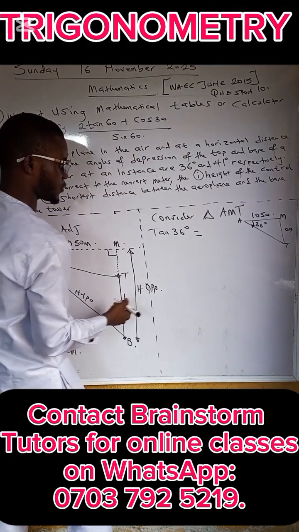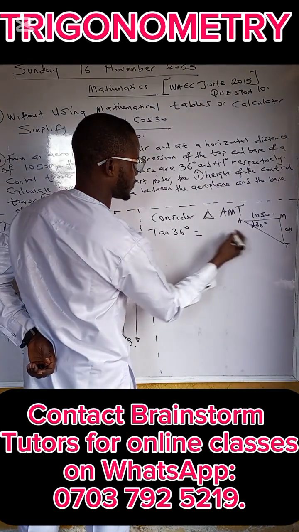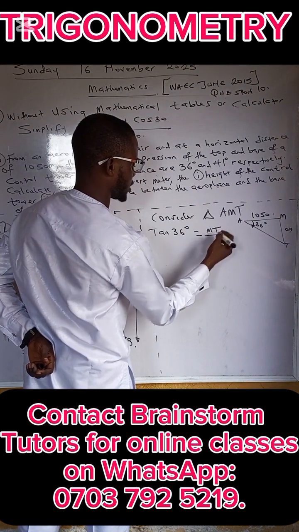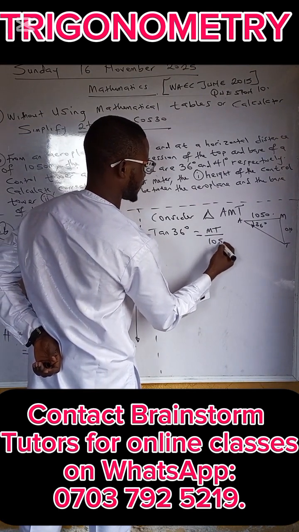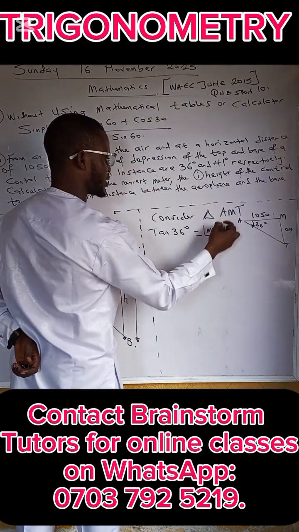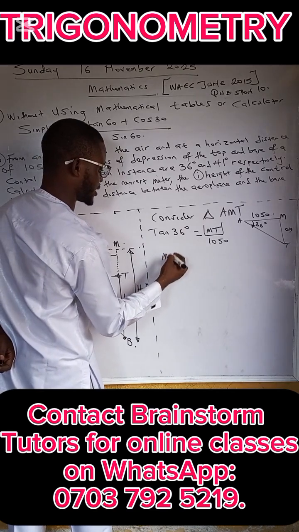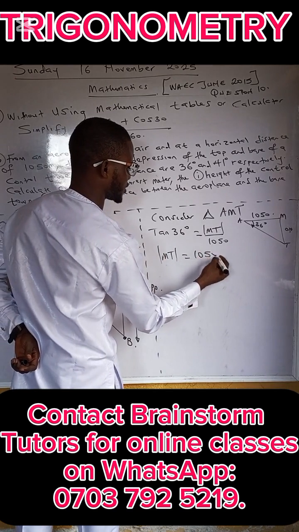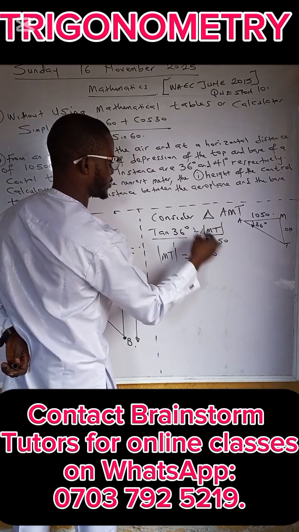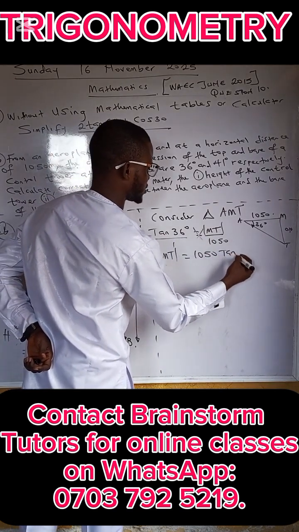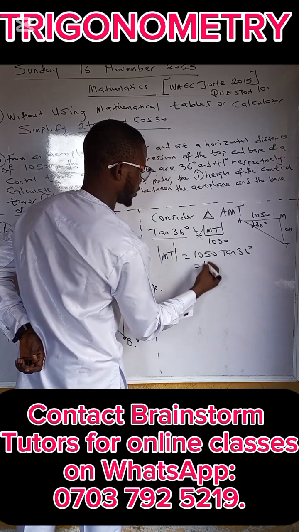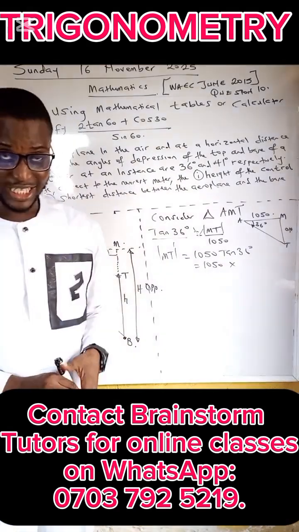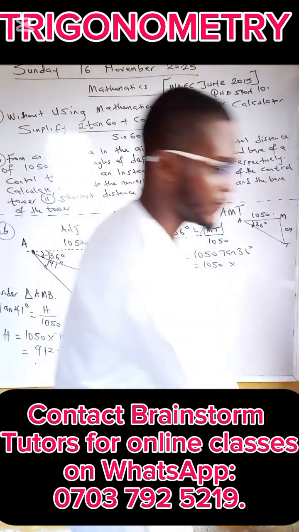I have my MT over adjacent, which is 1050. So my distance MT is going to give us 1050 when we cross multiply. So we have 1050 times tan 36 degrees. We punch our calculator to finish this off.